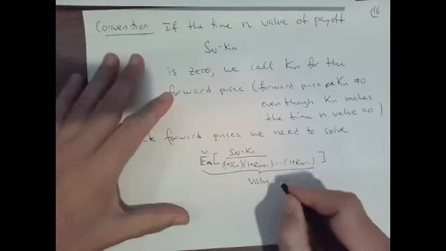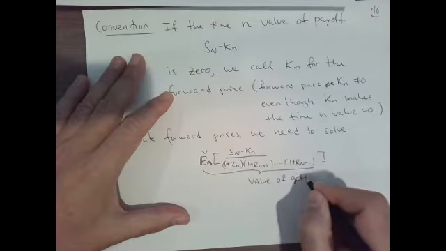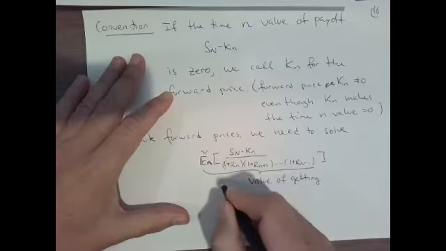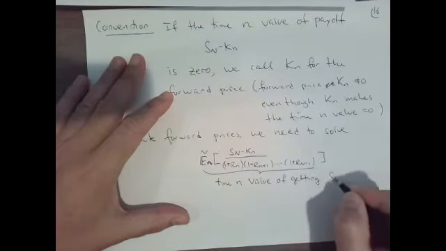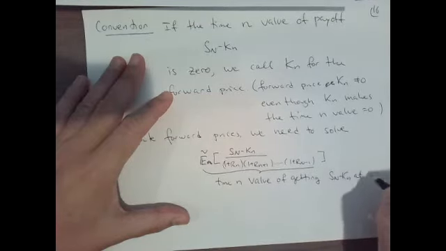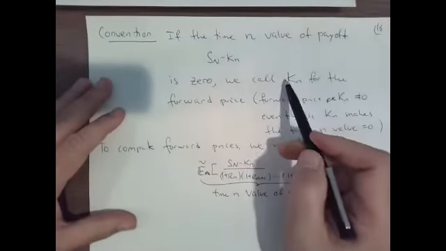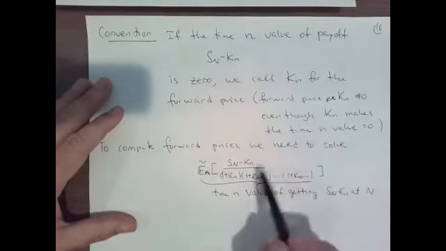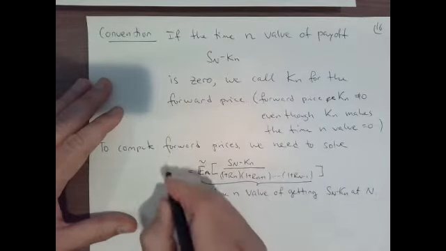This is the time n value of getting Sn minus Kn at time N. So we want to find this coefficient here such that this becomes equal to 0.